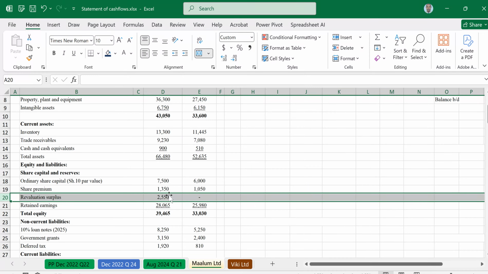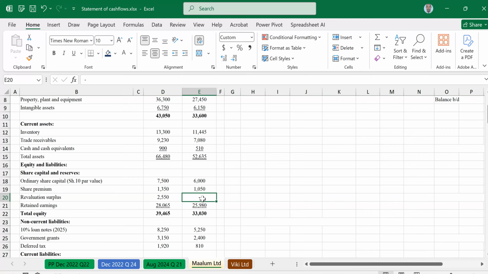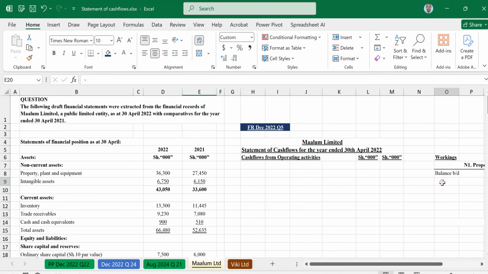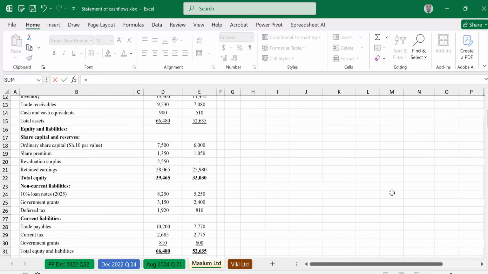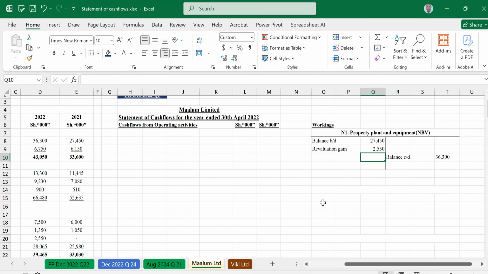That means there is a revaluation gain of 2,550, from nil to 2,550. So it's 2,550 as our revaluation gain.